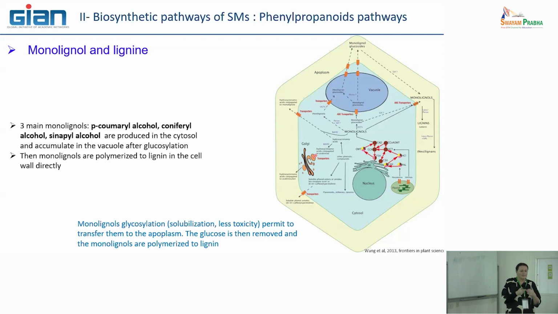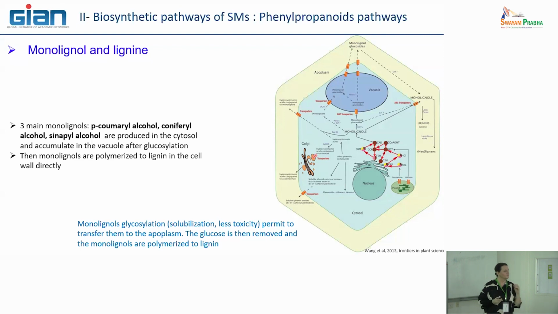And so this accumulation is also interesting because it means that they can be quickly mobilized in case of necessity to produce some lignins. If you do not have this transporter, the mobilization could be less efficient, and in fact, you may have a less strong lignin.